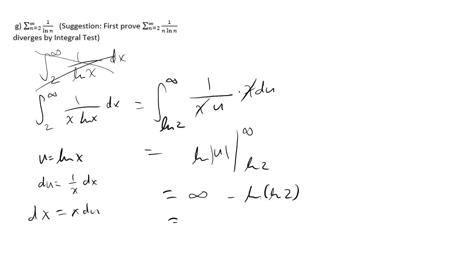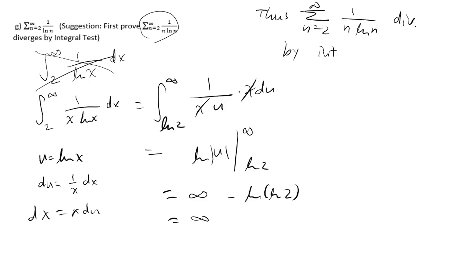That means this will end up being infinite. Okay, great. So we see that this diverges. So I should say, your conclusion is thus the sum from n equals 2 to infinity of 1 over n ln of n diverges by integral test.